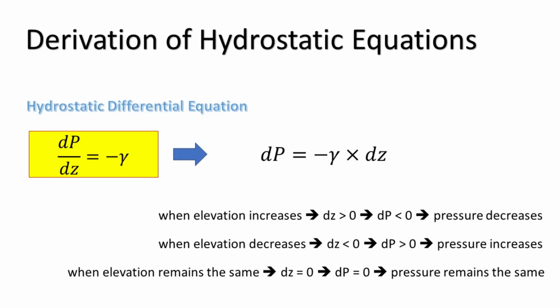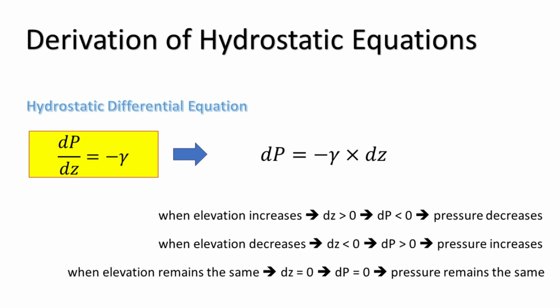The hydrostatic differential equation shows the change in pressure in a fluid at hydrostatic equilibrium is only affected by its specific weight and the change in elevation. If the specific weight of the fluid is constant, then the change in hydrostatic pressure is solely caused by the change in elevation. Because the specific weight of any fluid can only be a positive value, hydrostatic pressure and the elevation will change in opposite directions.